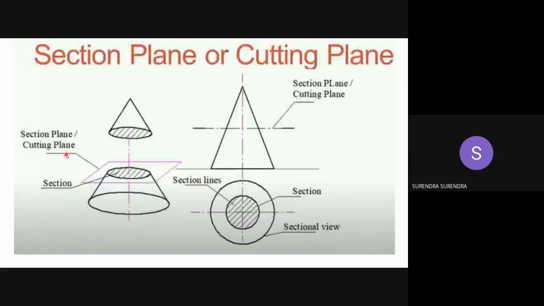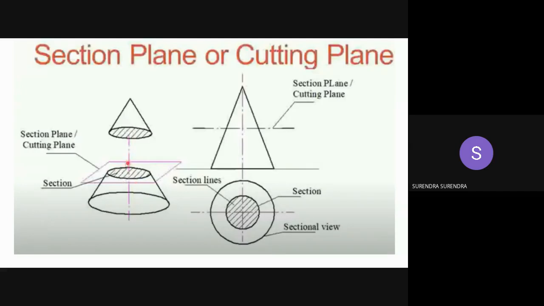A cone is cut by a section plane perpendicular to the axis. When a cone is cut by a section plane perpendicular to the axis, and you remove the upper part, how does it look? In the top view, you can see the base, and this is called the section area.